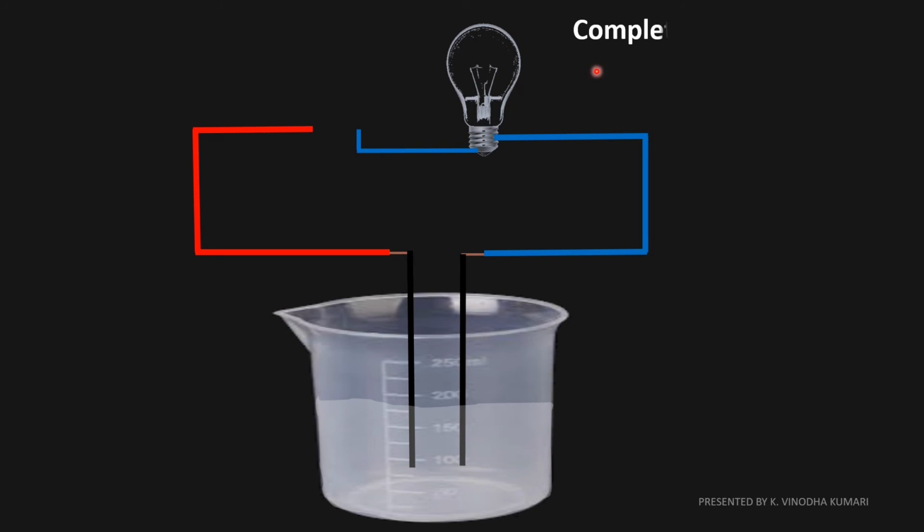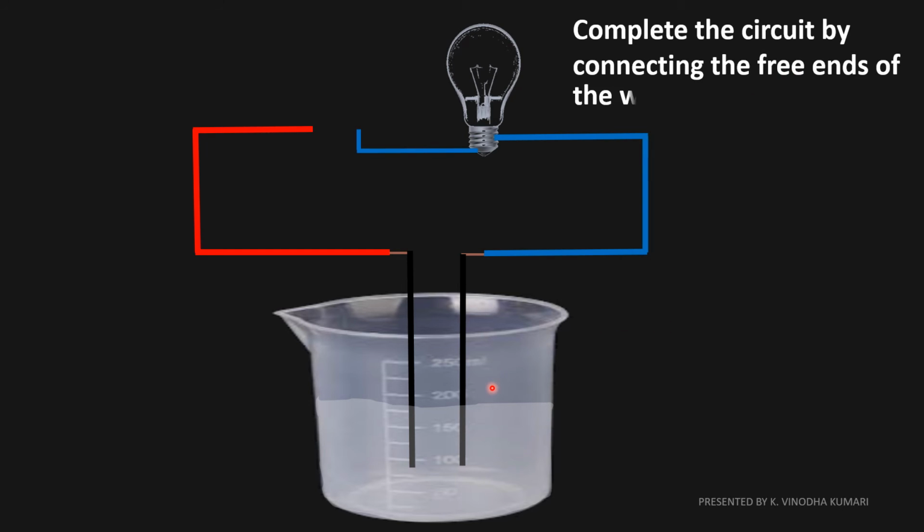So now let us complete the circuit by connecting it to the 230-volt plug as usual, and we have to notice what will happen inside the beaker, and whether the bulb glows or not. For HCl we have seen that the bulb has glown, and for H2SO4 also the bulb has glown. So we'll connect the AC plug and see.